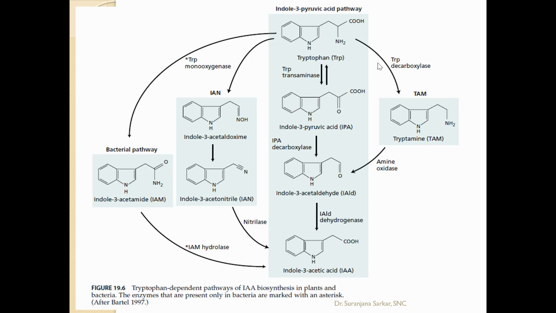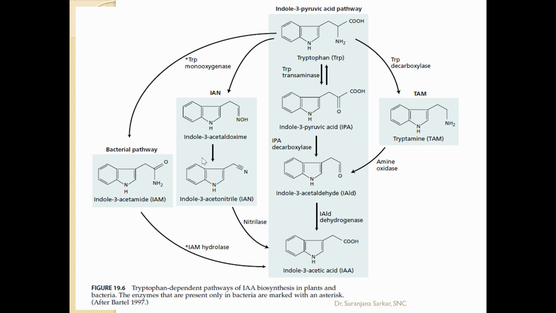dehydrogenase enzyme produces indole 3 acetic acid. In the IAN pathway, from tryptophan, indole 3 acetaldoxime, a special compound, is generated, which is again converted into indole 3 acetonitrile. From IAN, nitrilase enzyme produces indole 3 acetic acid.